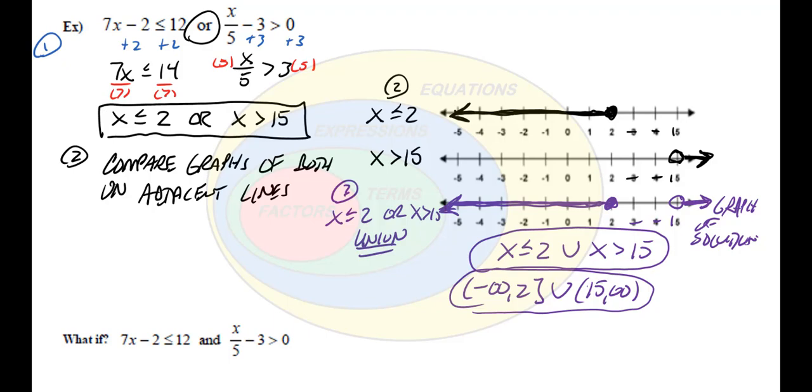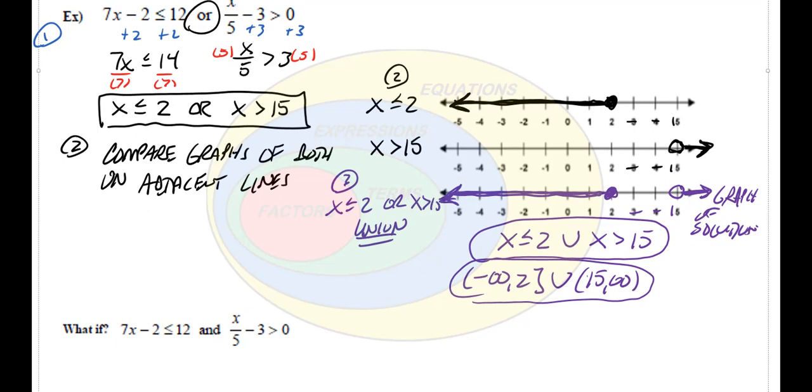But what happens if we wanted to solve the same inequality, but it was an AND connector? What happens if we change this to AND? AND is an intersection of the two sets.